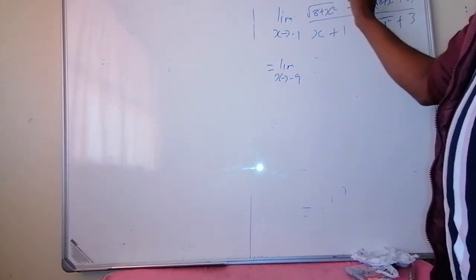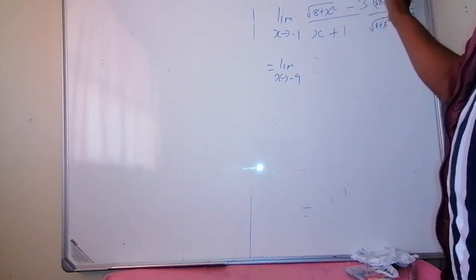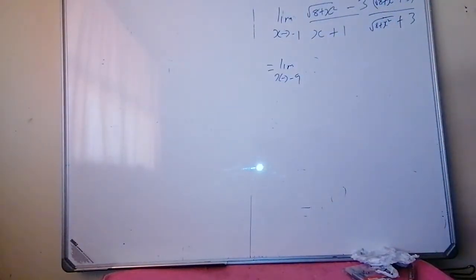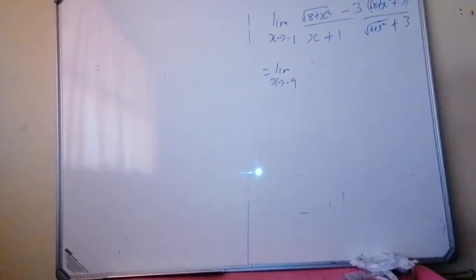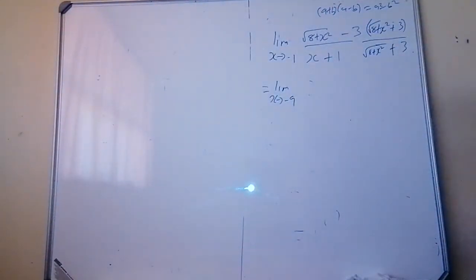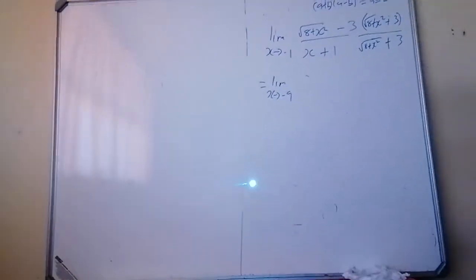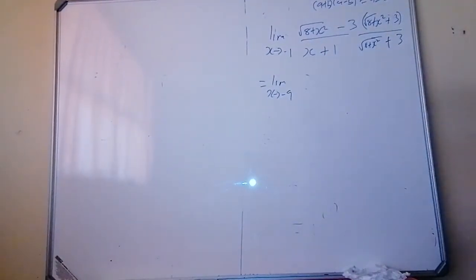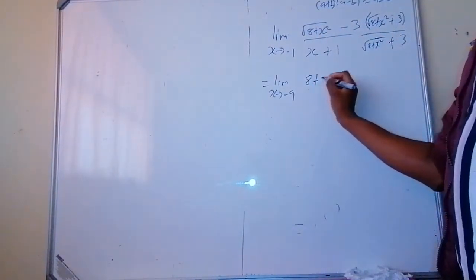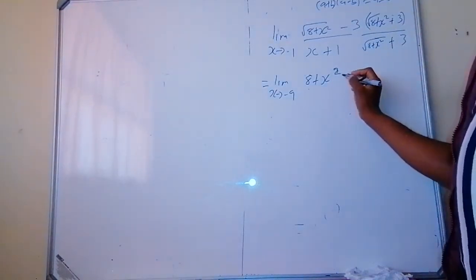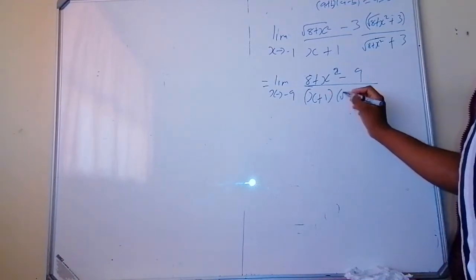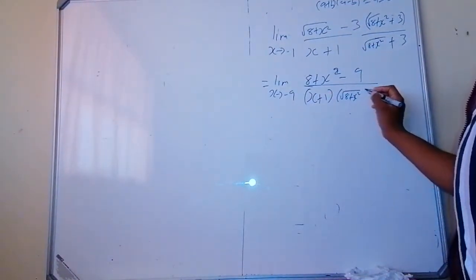This is the difference between two squares, a plus b times a minus b, which is a squared minus b squared. So in order for me to simplify that, I simply multiply the first terms together and the second terms together. So square root of 8 plus x squared times itself is 8 plus x squared. Then 3 times 3, that's negative 9. Divided by x plus 1 into square root of 8 plus x squared plus 3.